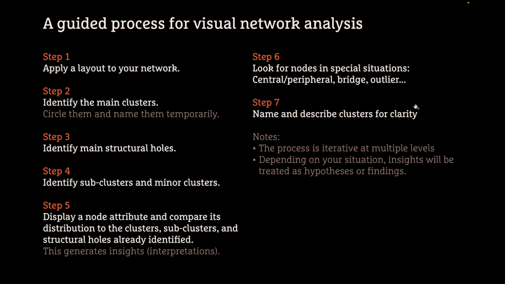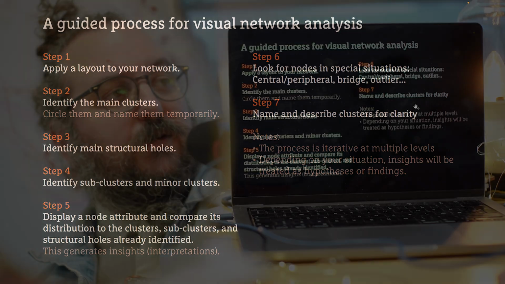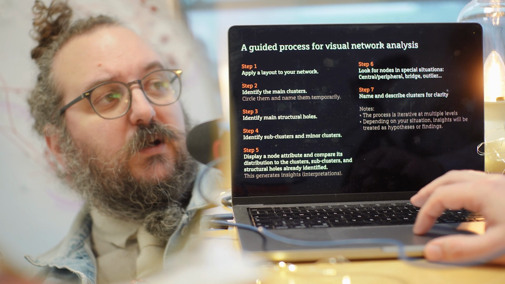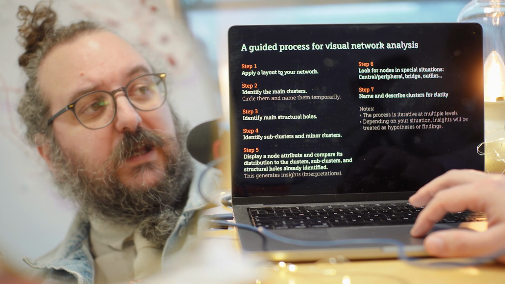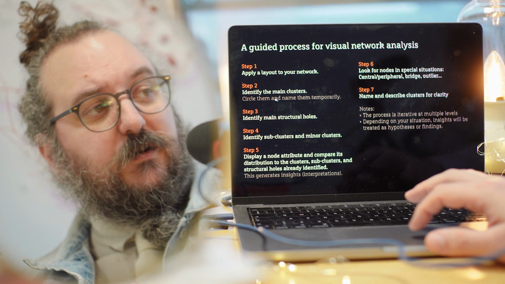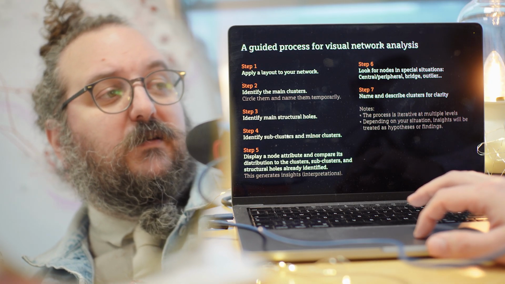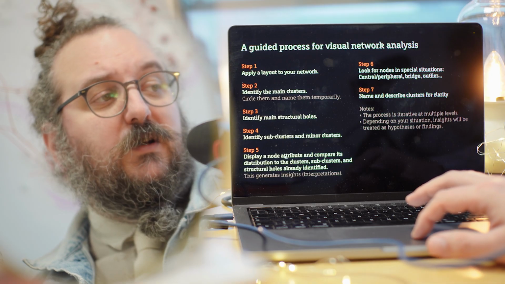Let me propose a few steps to approach how to make and analyze your own network maps. It's like a recipe that is relatively universal, and a good starting point for you to have a direction in this process. So here are the steps. I am going to illustrate them, but in short, you will start by applying a layout, identifying the main clusters, identifying the main structural holes, I will explain, then similarly subclusters and minor clusters.